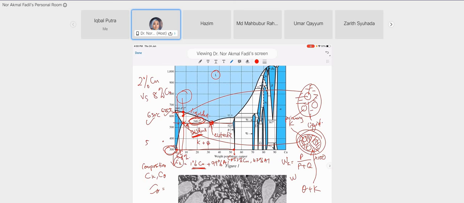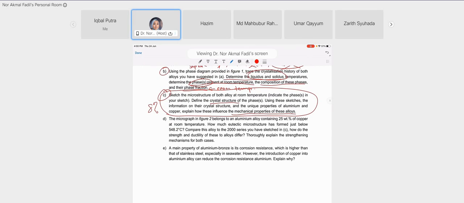Of course, different mechanical properties. Why? 8% copper consists of a higher amount of copper, number one. Number two, it has lamellar structure. Something like that. You can relate microstructure with the mechanical properties.